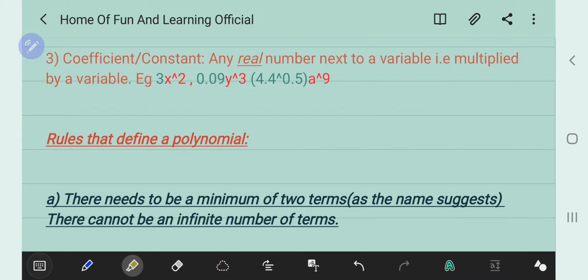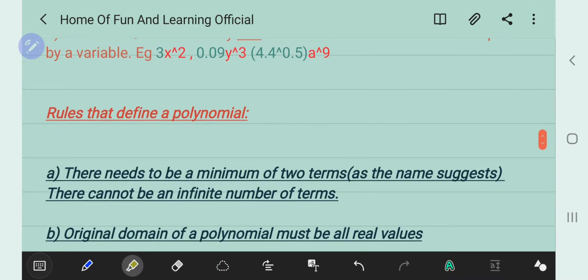Poly means many. Many is something that's greater than one. So there needs to be a minimum of two terms, and there cannot be an infinite number of terms, because then it would become a series, and the sum of a series and sum to infinity, that's a totally different thing. Okay, you don't want that. So this is the first rule.